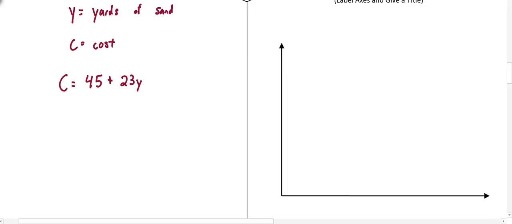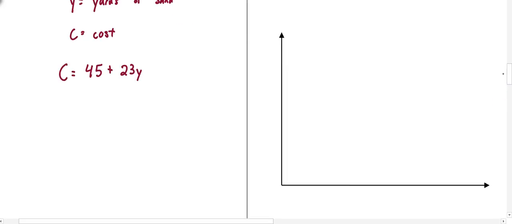So in our graphic representation, remember that the x is the yards of sand. And in this case, we can just go by ones because we're only going up to 10. Remember that you should have about the same spacing because we're trying to make it look like a graph, and graphs have to have accurate scales.